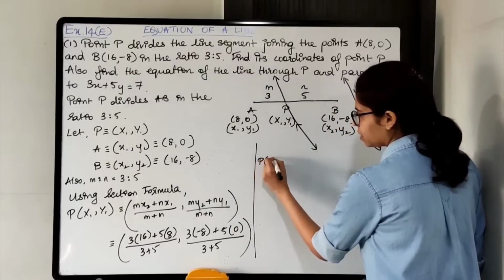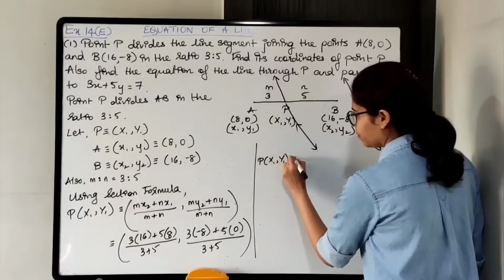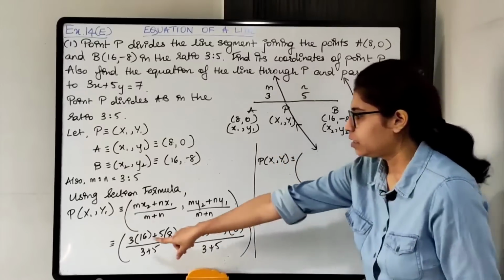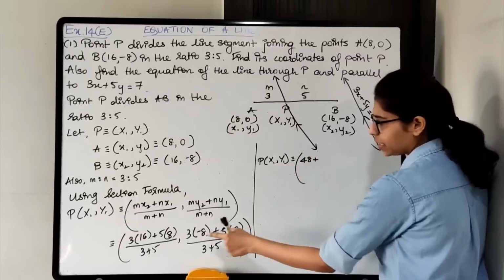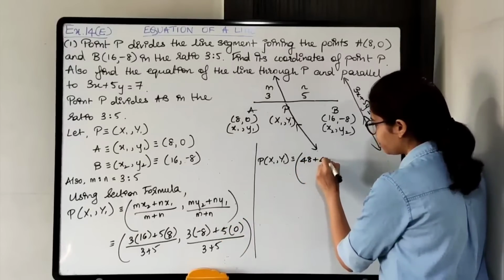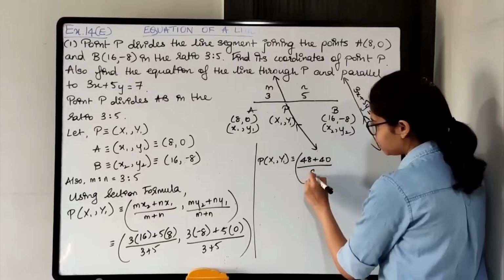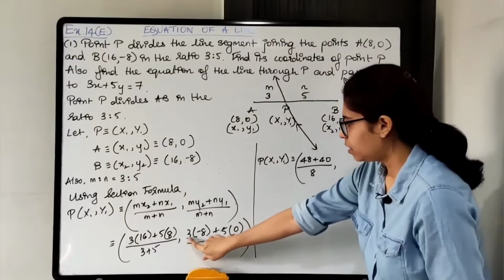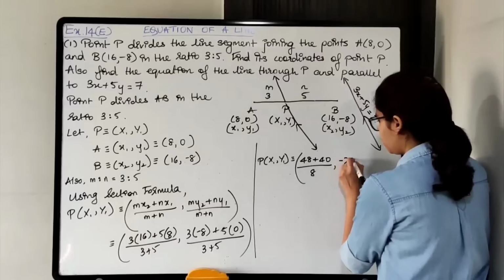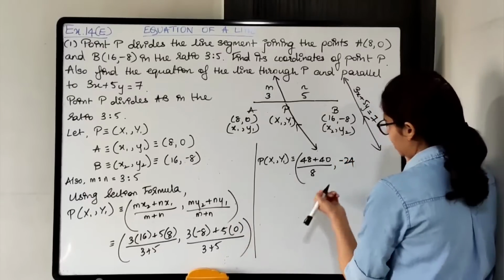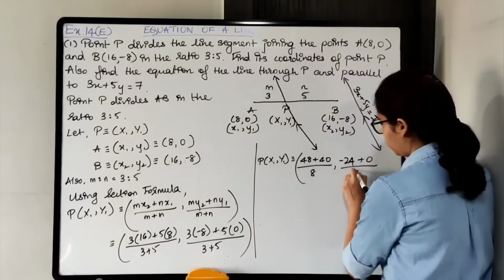So P(x1, y1) क्या हो जाएगा? 3 16s are 48, 5 8s are 40 upon 3 plus 5 is 8. 3 8s are 24 and minus है, so minus 24 and 5 zeros are 0 upon 8.